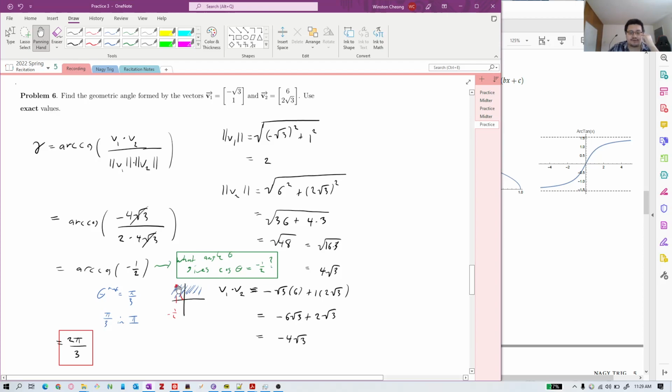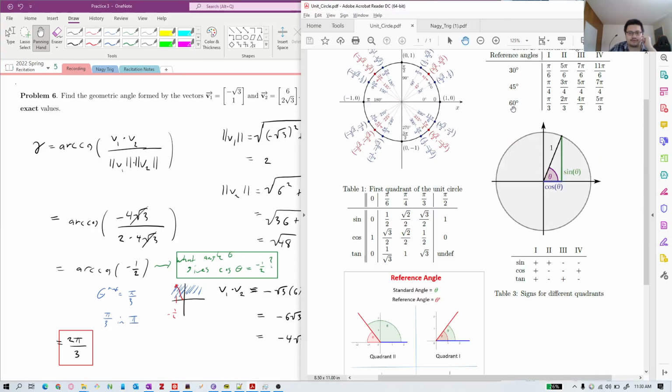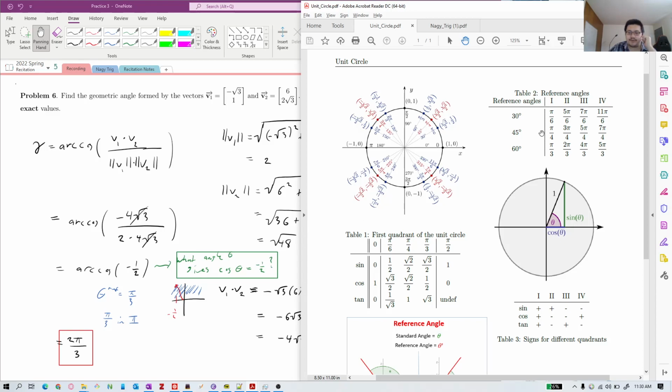So it's these top two quadrants. Okay, so arc cosine is going to give back this angle, an angle in the second quadrant that has reference angle being a 60-degree angle of pi over 3. So pi over 3 in the second quadrant. That's why I've written this. And well, knowing your unit circle, or otherwise thinking about it, you can see that the 60-degree reference angle in the second quadrant is 2 pi over 3.